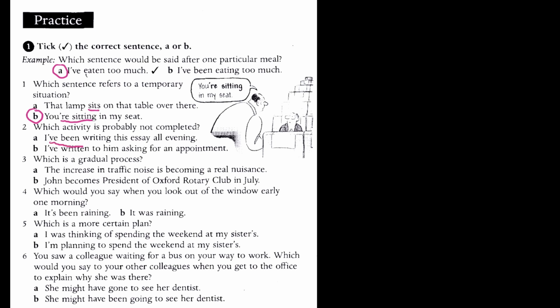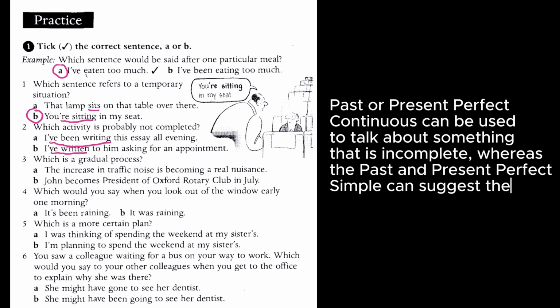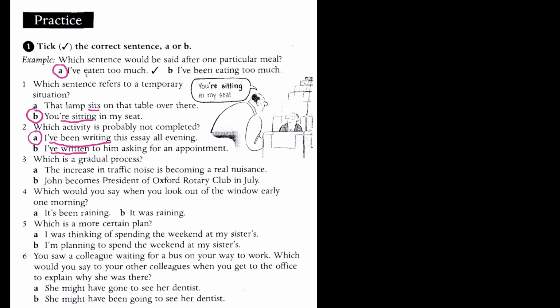I've been writing this essay all evening, or I've written to him asking for an appointment. The use of the present perfect continuous indicates or can indicate an incomplete action, whereas the present perfect usually refers to a completed action. So A is probably not completed.